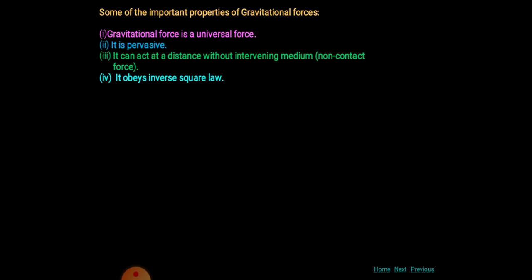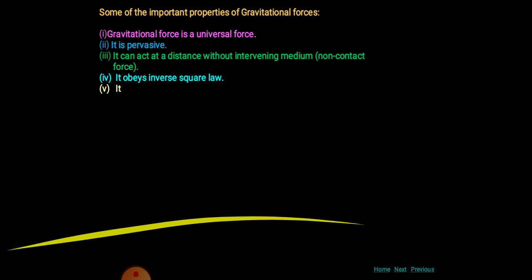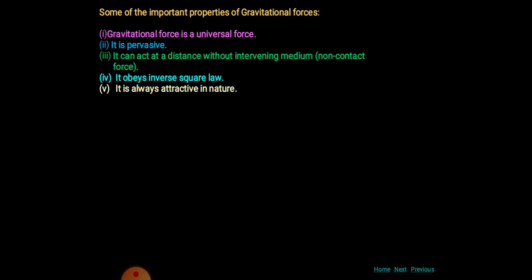As you know the formula of it, with the help of this we can say it obeys the inverse square law. It is always attractive in nature. Next, it is a long range force, because you know the two types of forces, long range and short range. So it is a long range force. It is also the weakest force: of the four types of forces we have discussed, this is the weakest force.